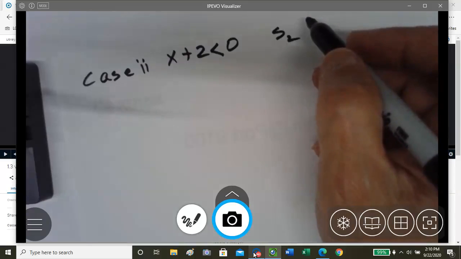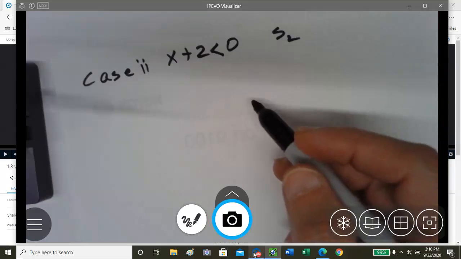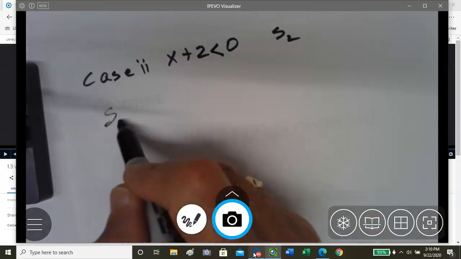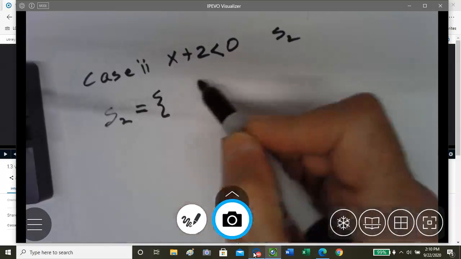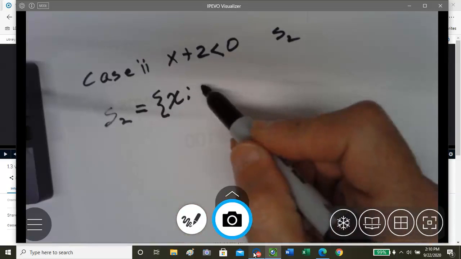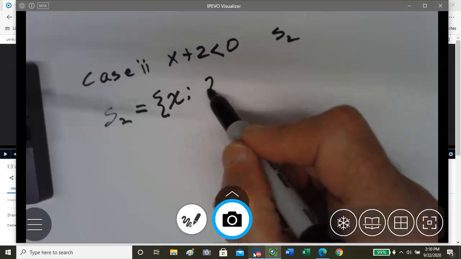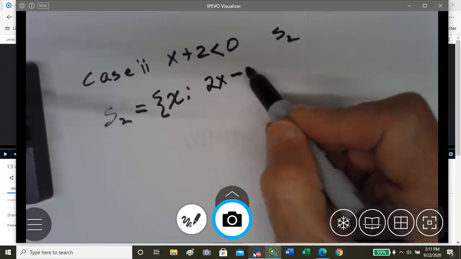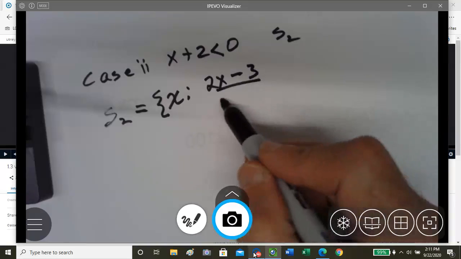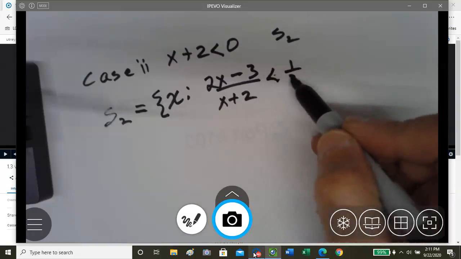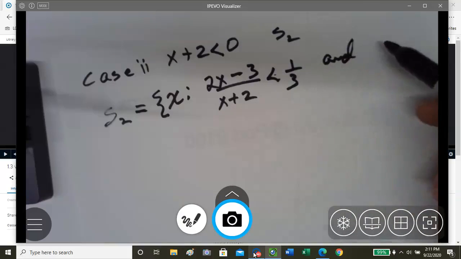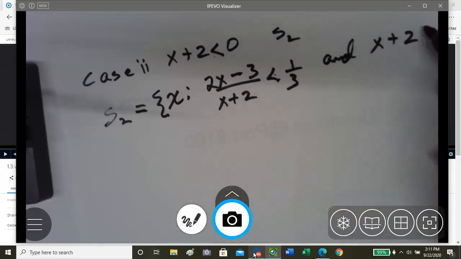Okay, so from there we're going to put in S2 equals all elements in set x such that (2x - 3)/(x + 2) is less than 1/3, and x + 2 is less than 0.